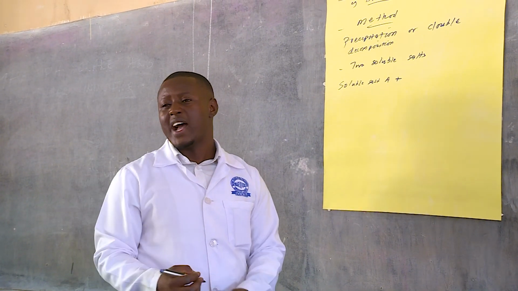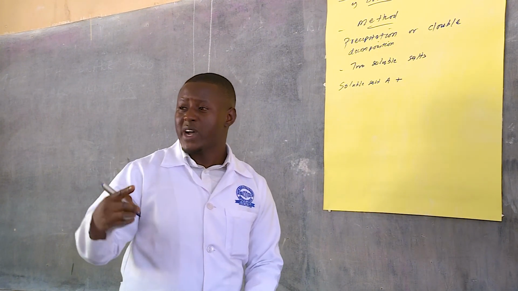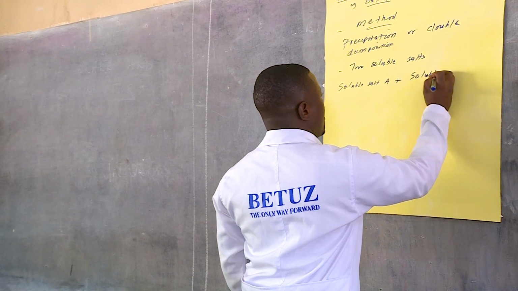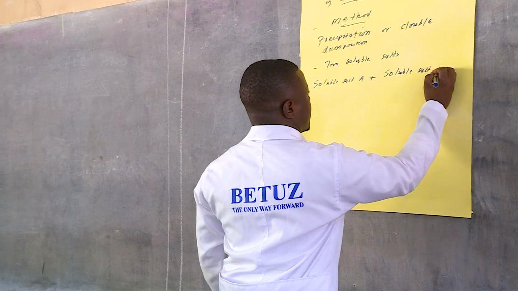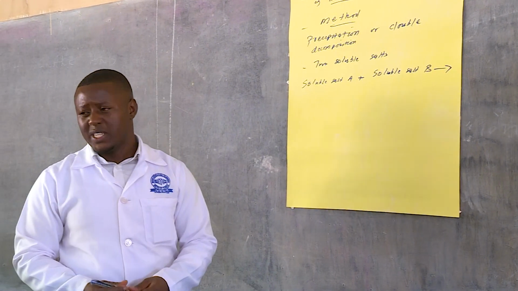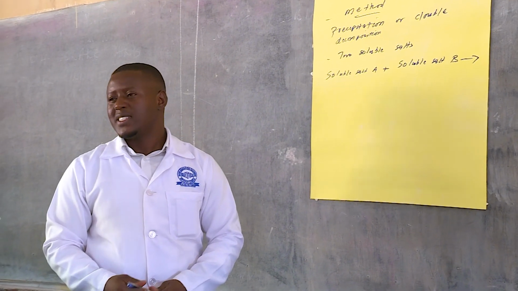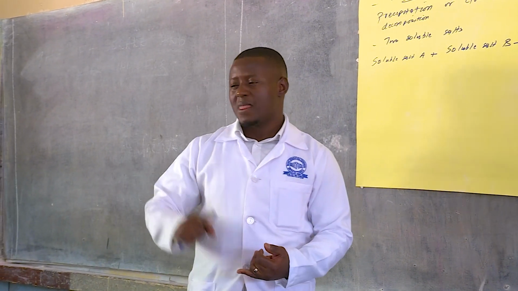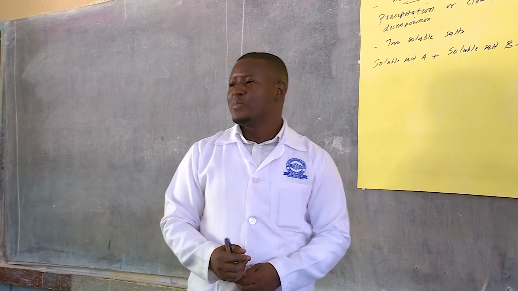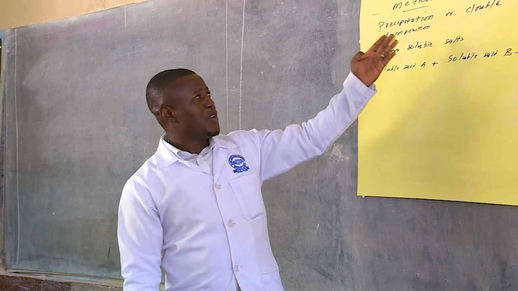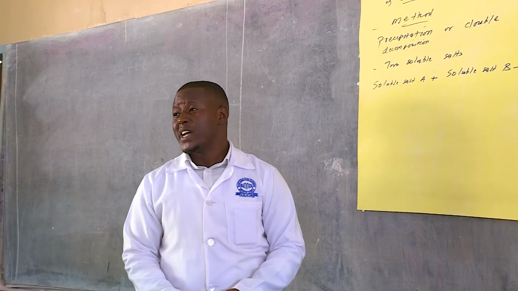Then I'll call that one soluble salt B. Now, when we react these two soluble salts, they give us two products. One of the products should be soluble. The other one should be what? Insoluble.